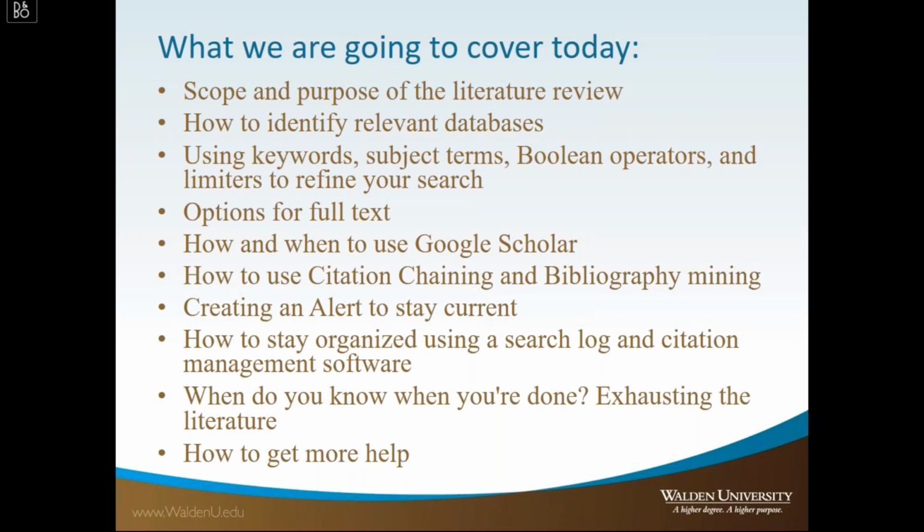We're going to look at how to use keywords, subject terms, Boolean operators, and limiters to refine your search. We're going to talk about options for full text, how to get the full text of something that's not available in the Walden Library. We're going to look at Google Scholar and discuss how and when to use Google Scholar. And then I'm going to show you some advanced techniques for looking for literature, citation chaining and bibliography mining.